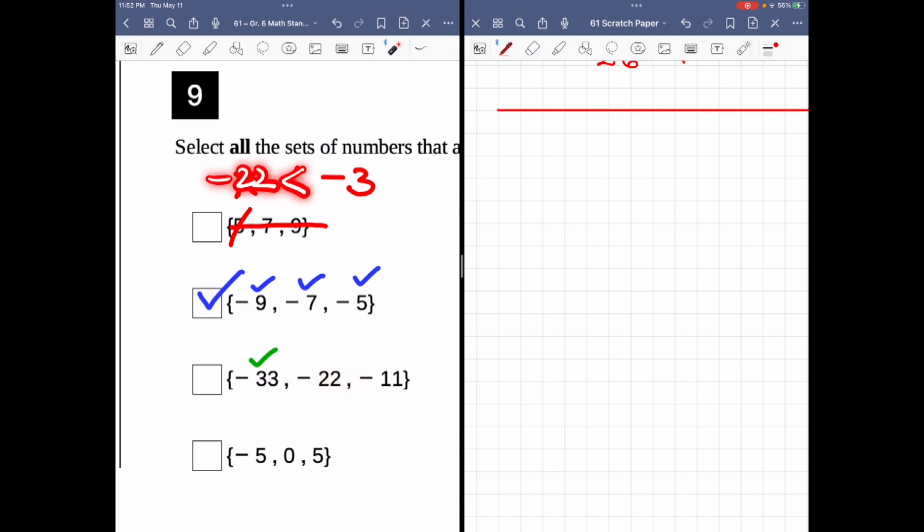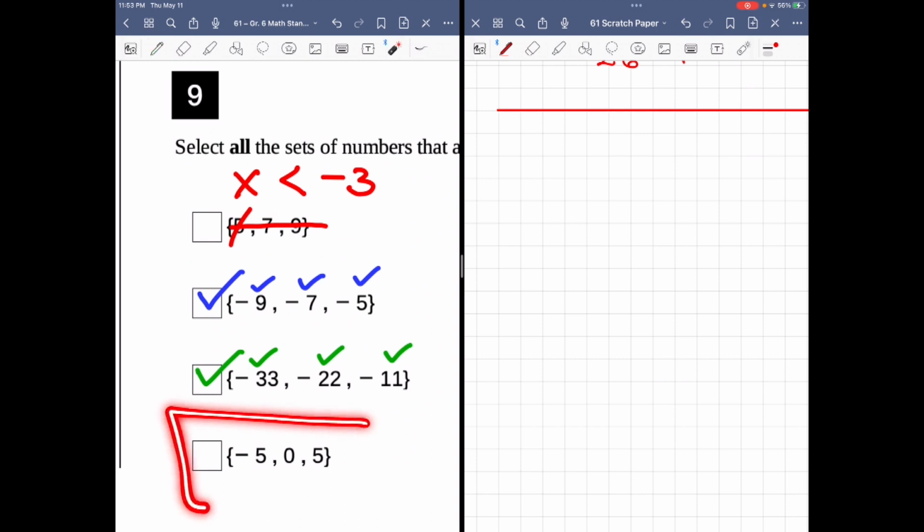Negative 22 is less than negative 3. That is true as well, so check it off. And finally, test negative 11. Negative 11 is less than negative 3. This is true as well, so check it off in green. And since every element in line 3 is correct, line 3 as a whole is correct as well.